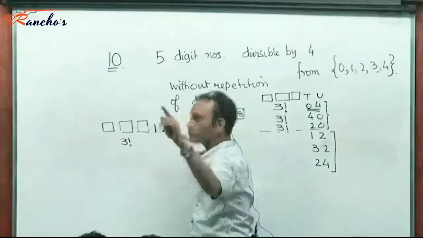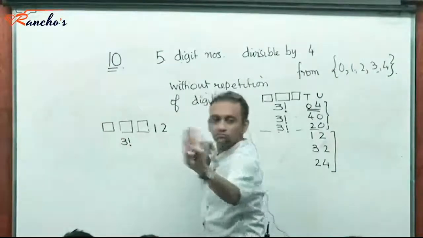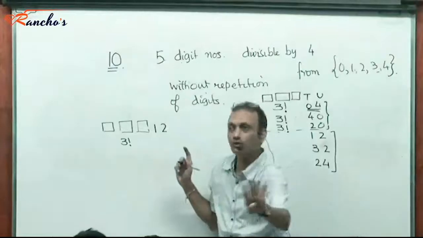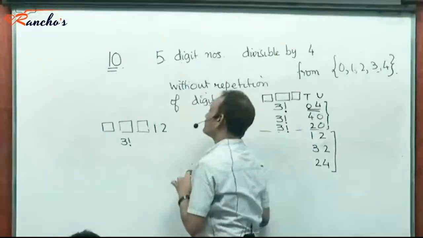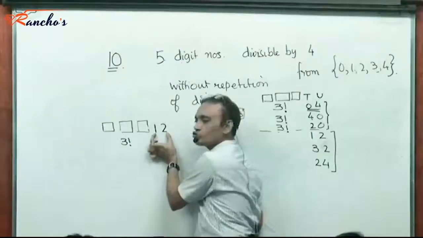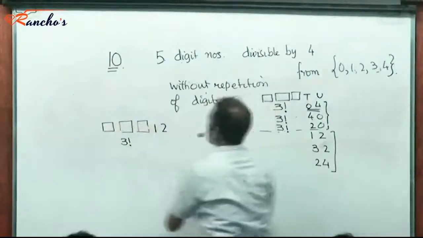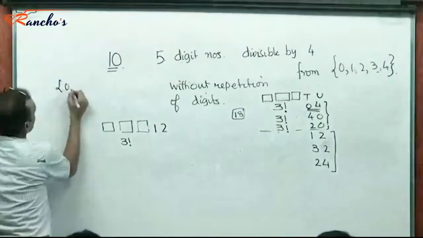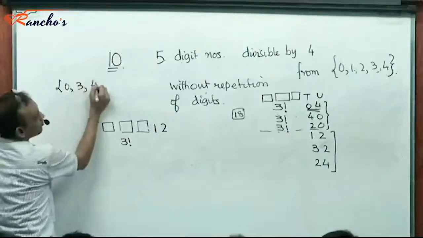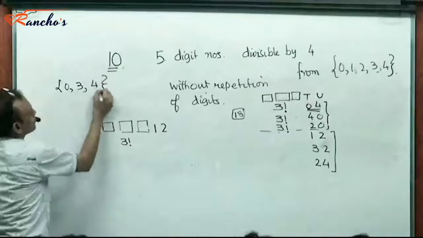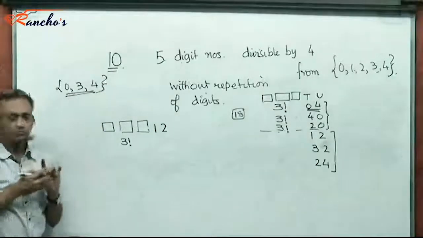I'll repeat now. Anyone who wants me to repeat this thought? I'll repeat. See, with 1, 2 in the last 2 spaces, the remaining 3 spaces can be filled up from 0, 3, 4 out of these numbers.